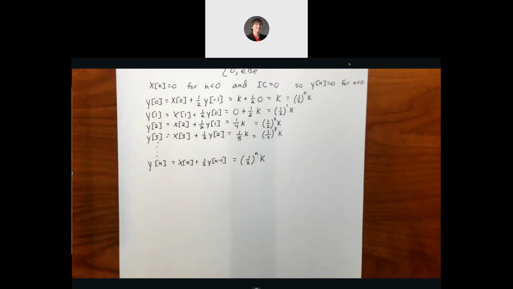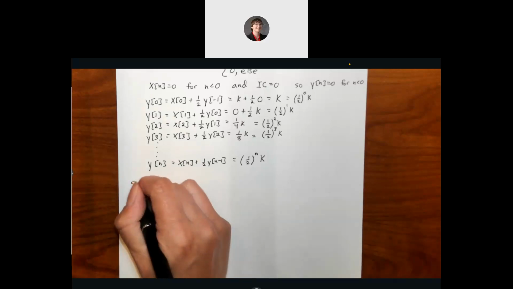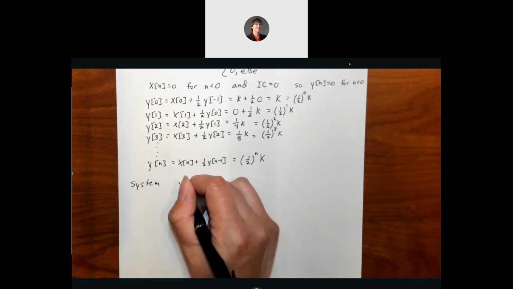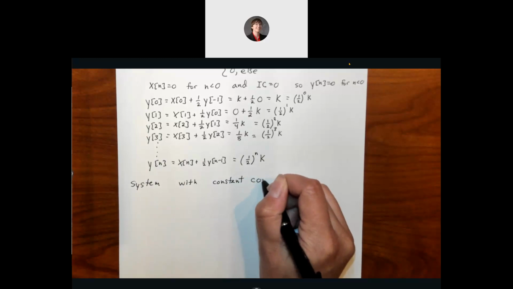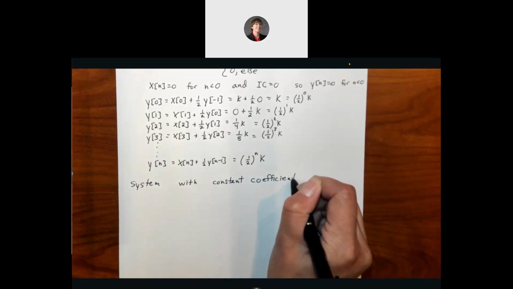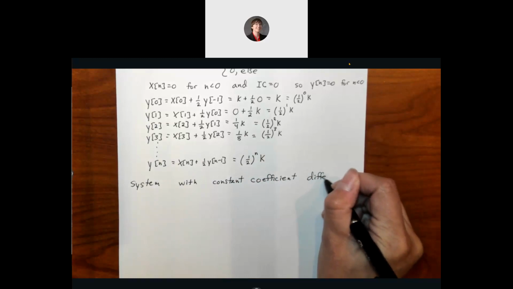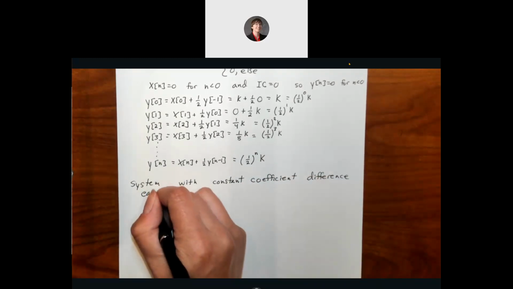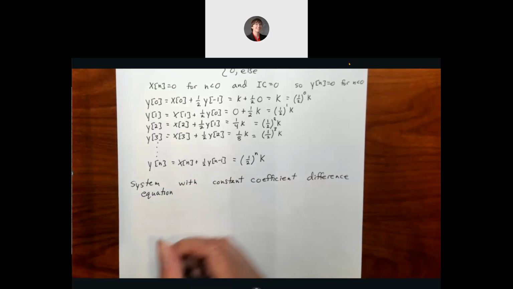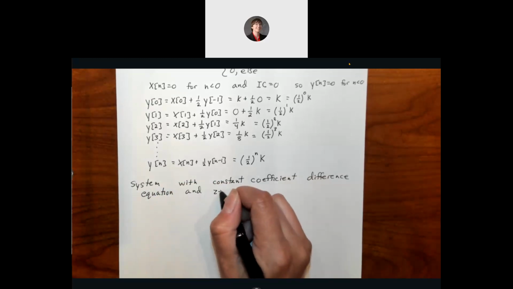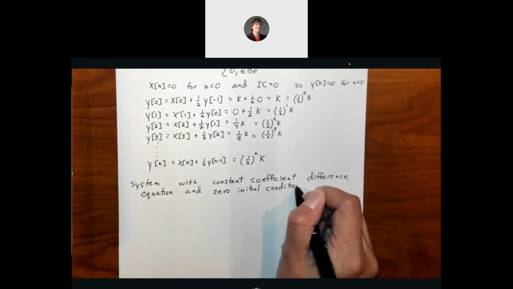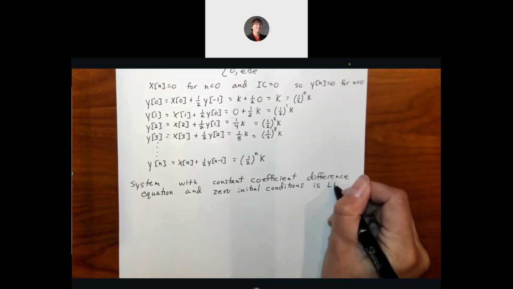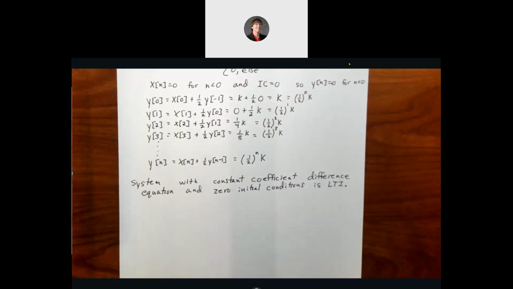And so if you have a system which is described in this way, with a constant coefficient difference equation, and we have the 0 initial conditions, then that is going to be an LTI system.